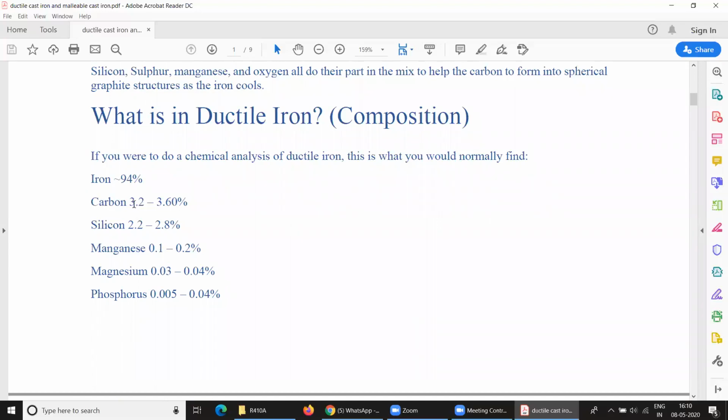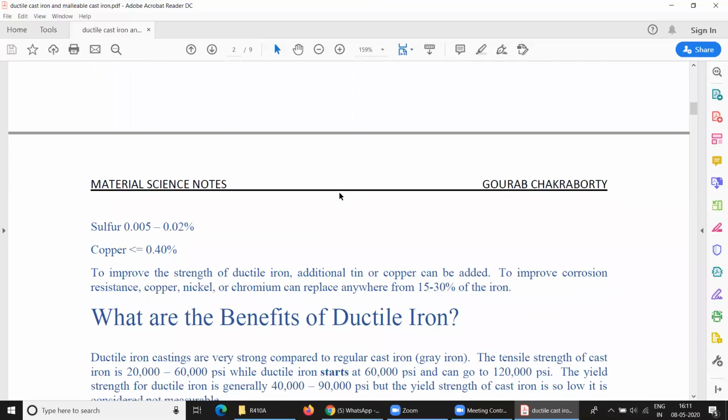Iron is 94%, carbon is 3.2 to 3.6%, silicon is 2.2 to 2.8%, manganese 0.1 to 0.2%, magnesium is 0.03 to 0.04%, phosphorus 0.005 to 0.04%, sulfur is 0.005 to 0.02%, and copper will be less than or equal to 0.4%.